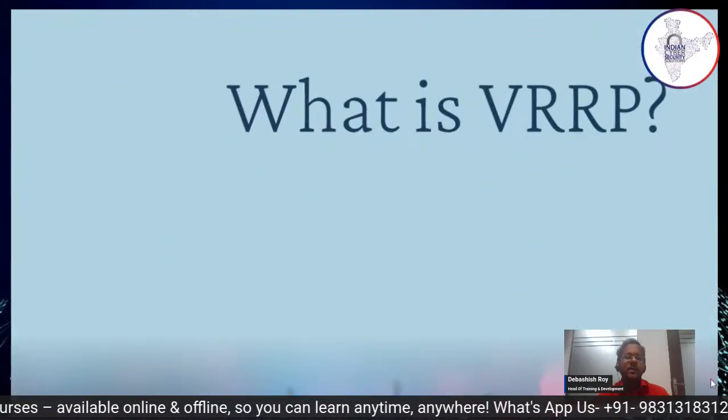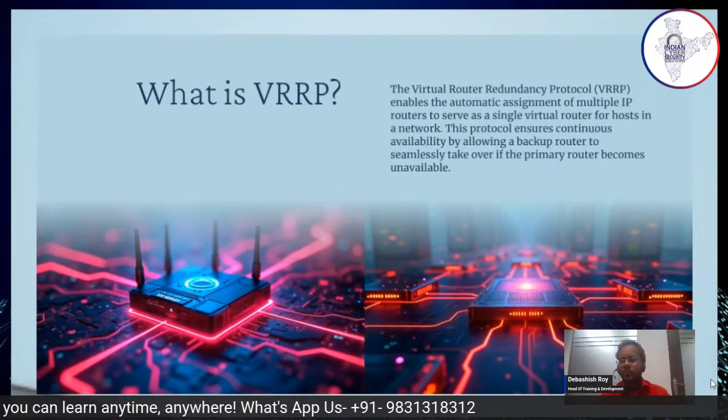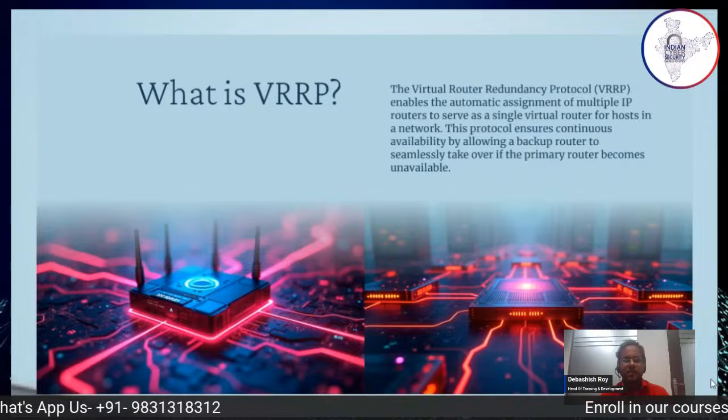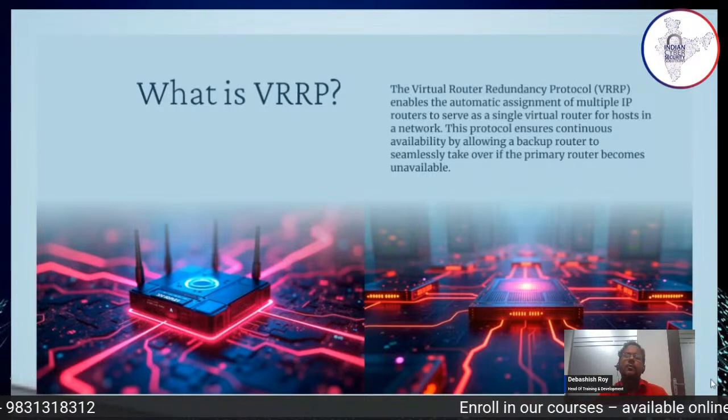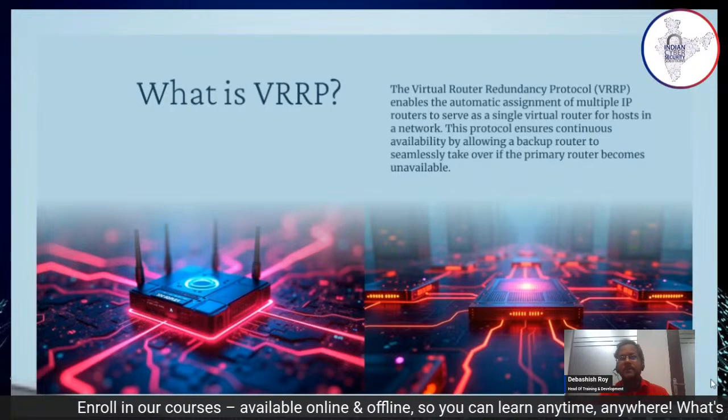Now, what is VRRP? Virtual Router Redundancy Protocol enables automatic assignment of multiple IP routers to serve as a single virtual router for hosts on your network. Yes, there is a component that is a virtual router. It is not the physical router.